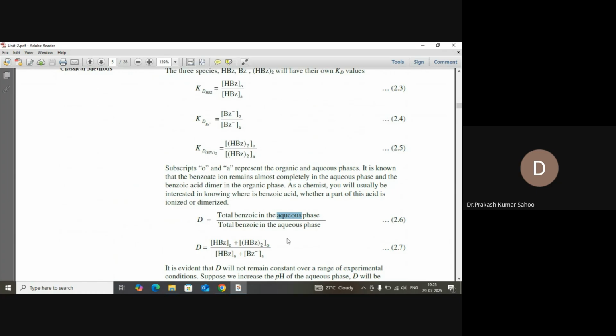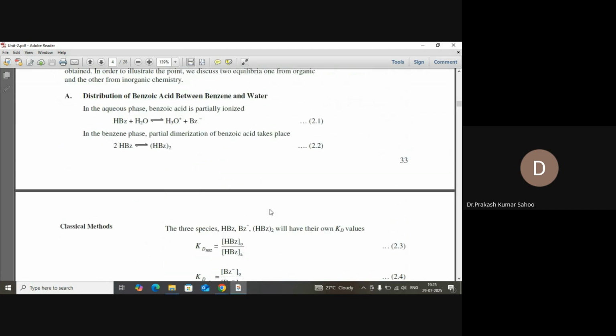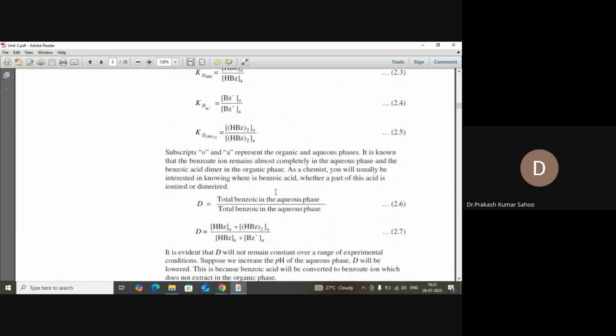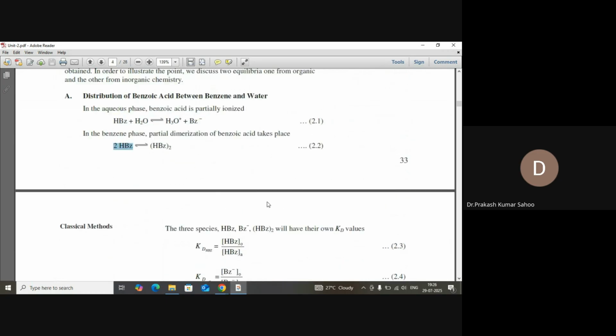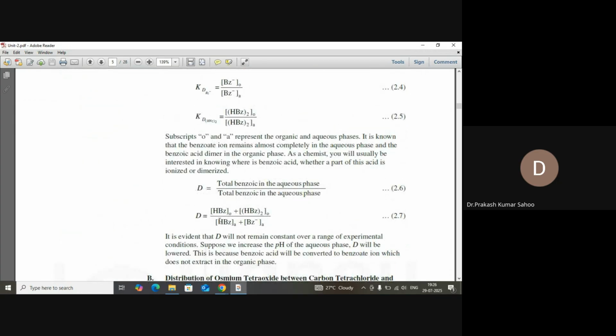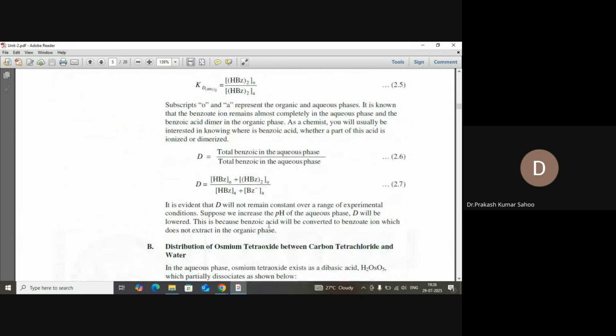So the total benzoic acid in the organic phase will be (HBZ) twice and HBZ organic. This one is BZ organic, and here we have HBZ and BZ minus, so these two are in the aqueous phase.